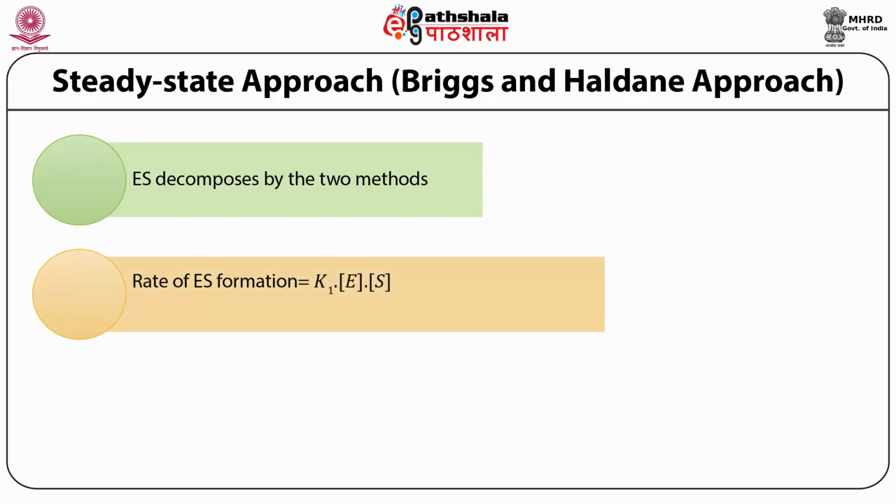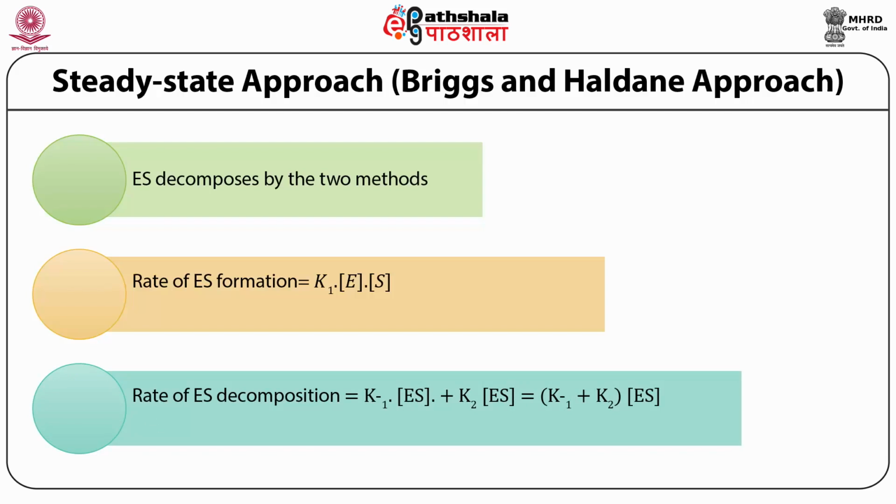So the rate of formation of ES complex is K plus 1 into free enzyme into free substrate, and the rate of ES decomposition is equal to K minus 1 into ES plus K plus 2 into ES.